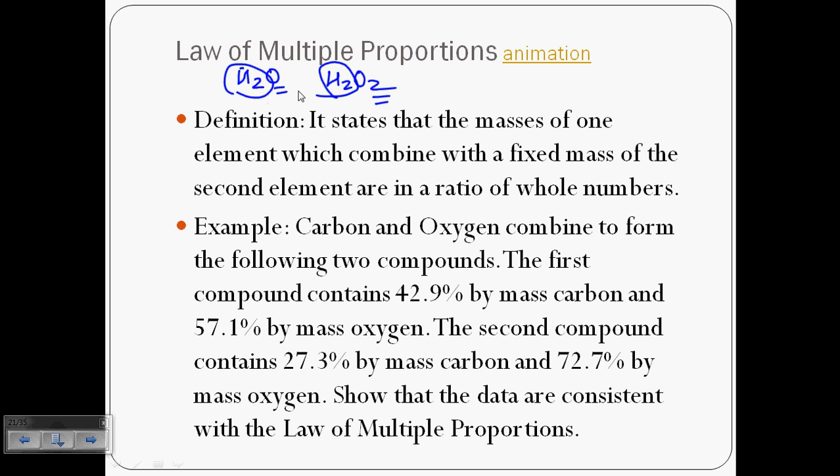For example, in H2O, 2 grams of hydrogen combine with 16 grams of oxygen. In H2O2, 2 grams of hydrogen combine with 32 grams of oxygen. So this law states that the ratio of 16 to 32 is 1 to 2, a small whole number. So the amount of oxygen combining with 2 grams of hydrogen is in small whole number ratios. That is the law of multiple proportions.